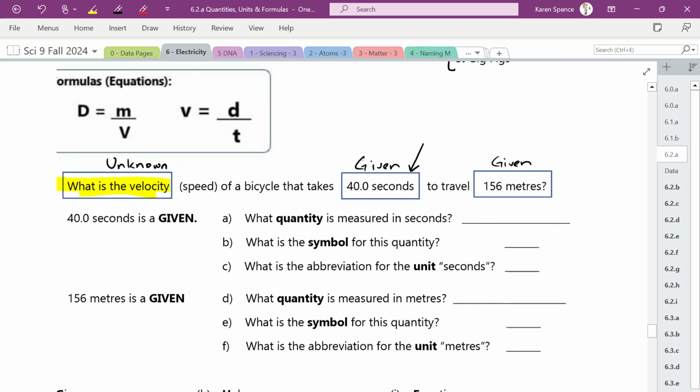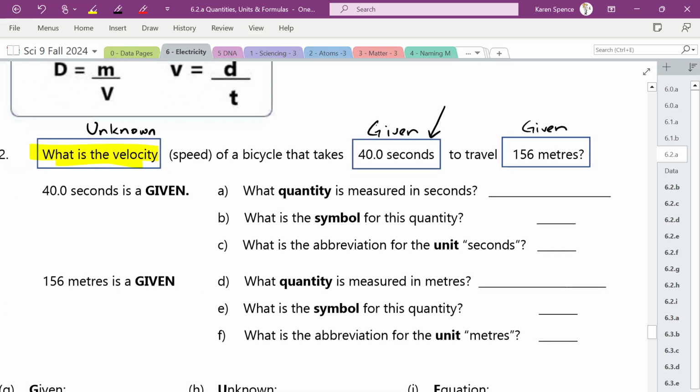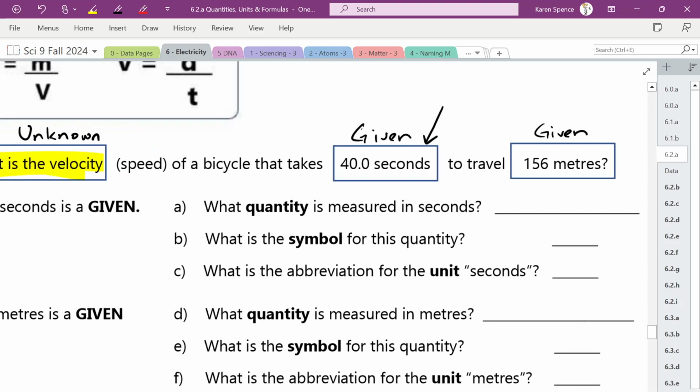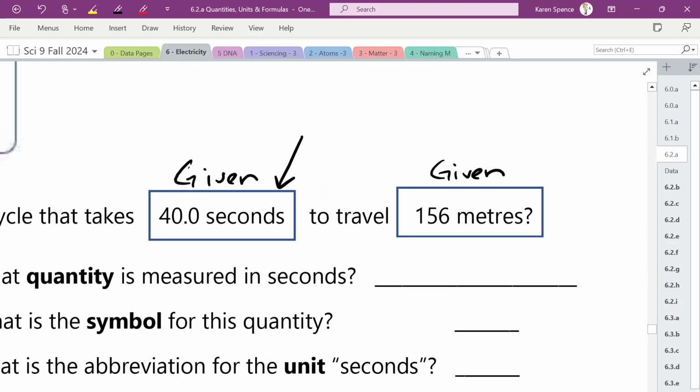Because what I really want to do is say volume is equal to 5 liters. But I'm not going to say volume is equal to 5 liters for 40 seconds. What am I going to say instead? I'm not going to say volume if it's seconds. I'm going to say time.